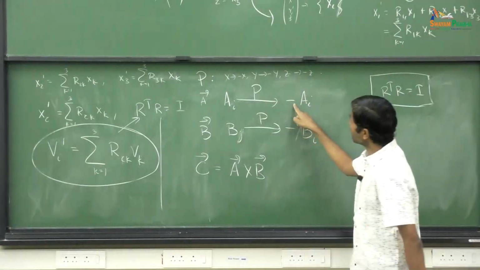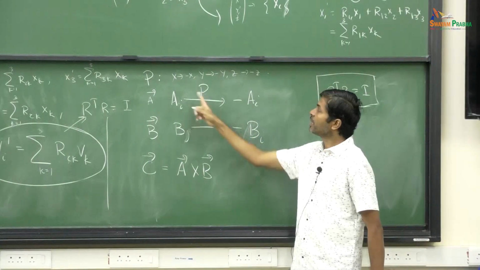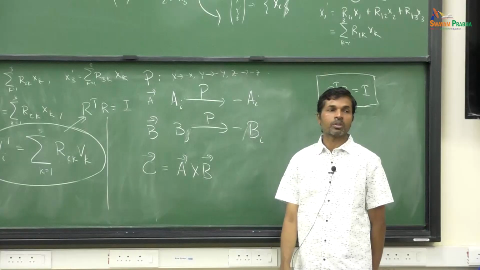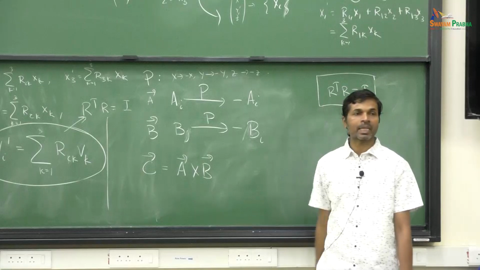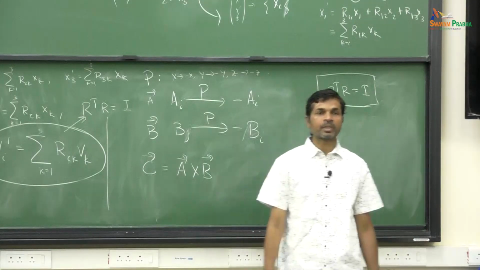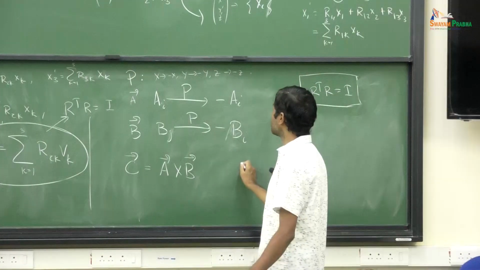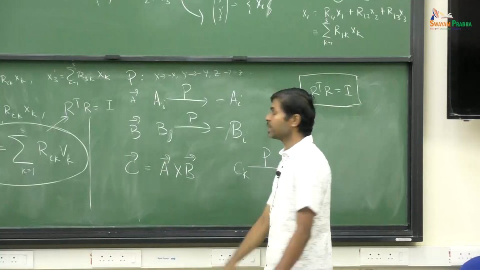Under parity, the components of A behave exactly like the components of the position vector. The components of B behave exactly like the components of the position vector. What about the components of C? Suppose Ck under parity, what happens to these components?